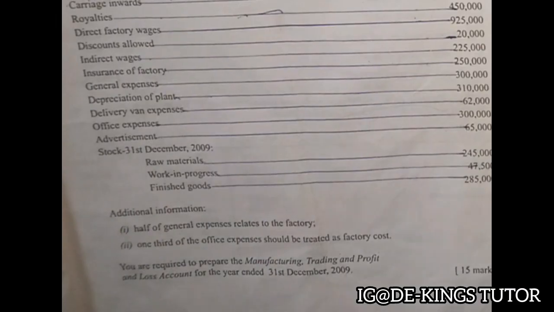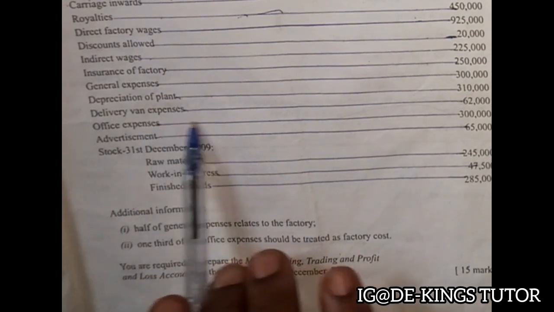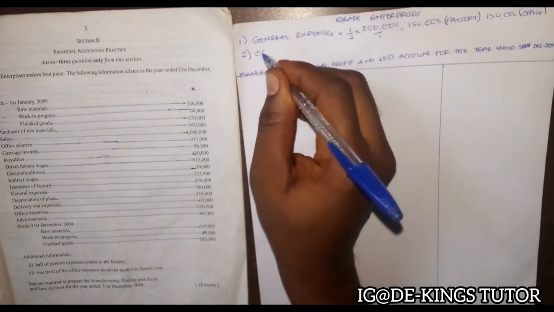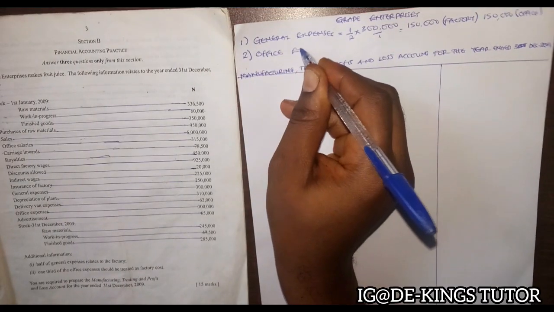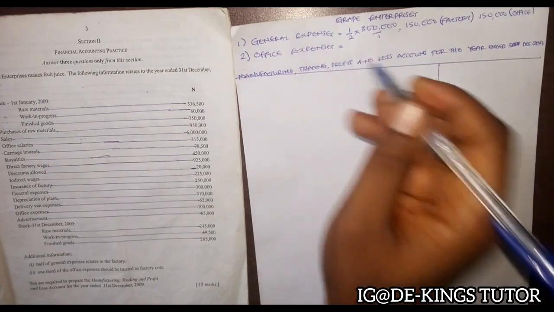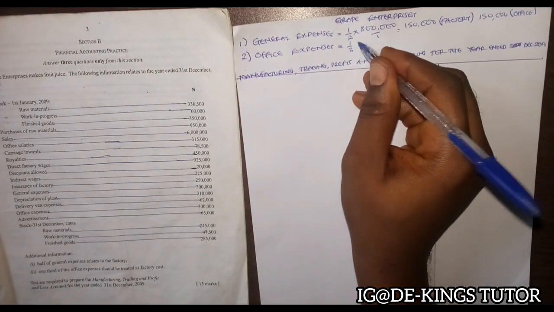Okay. While the second one said 1/3 of the office expenses should be treated as factory cost, and these office expenses, that's 300,000. They said 1/3.